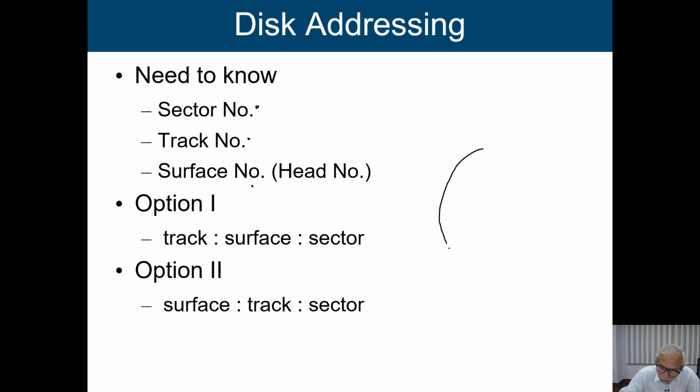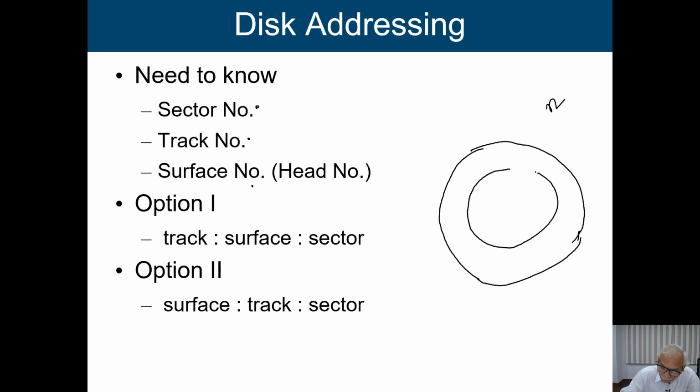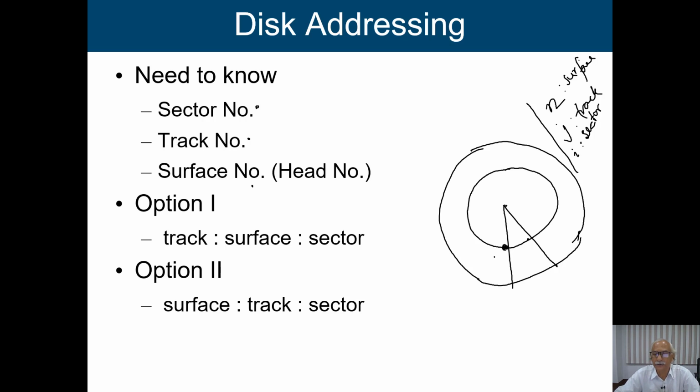Say this is a particular surface N. Okay, now say this is the track, this is a surface, say J is the track, and this I is the sector. So once I know these three components, then what will happen? I can go to that particular point and I can work with this particular sector.